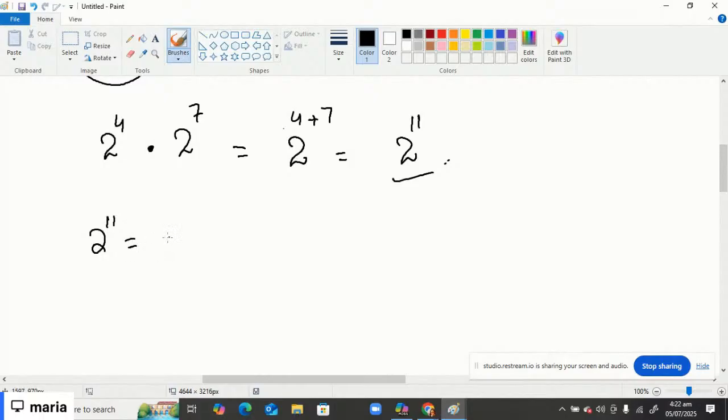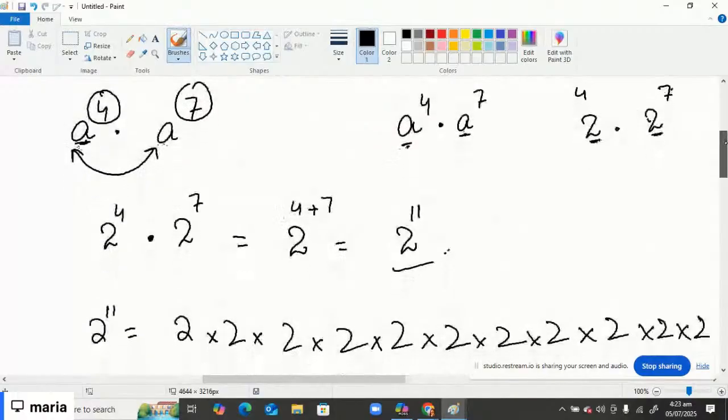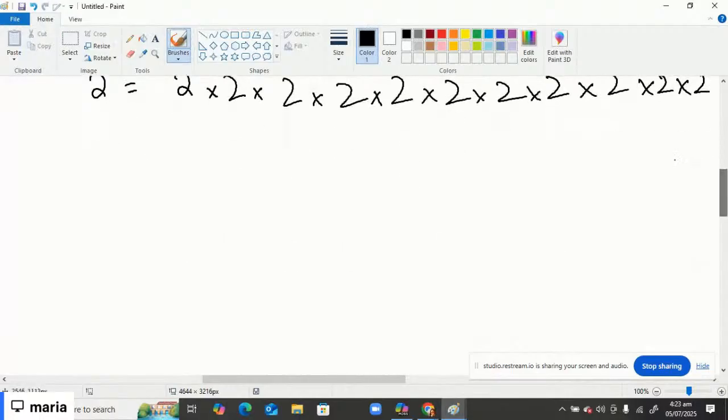It means that you are multiplying 2 times 2 times 2 times 2, multiplying 2 into 11 times. So this is the way that we solve it. If the bases are same, you just add their powers.